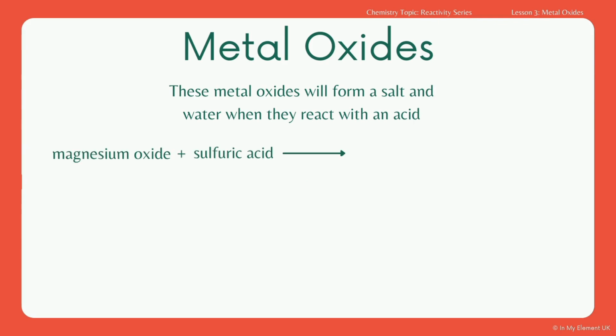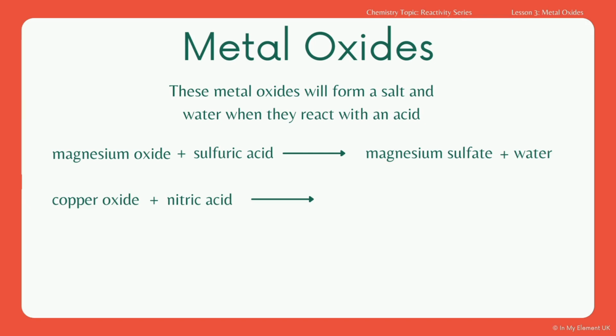So if we give you an example, we'll use magnesium oxide and we'll react it with sulfuric acid. You need to be able to name the salt that sulfuric acid will give you in the reaction, but obviously it will be the magnesium version of that salt. So in this case, magnesium sulfate and water are the products formed.